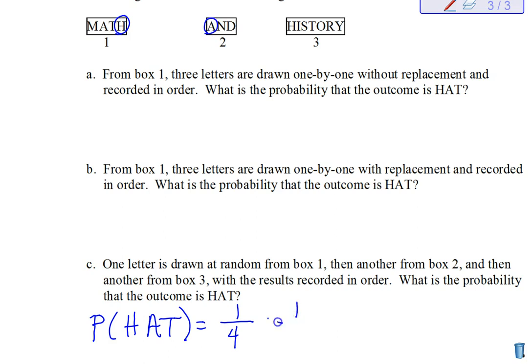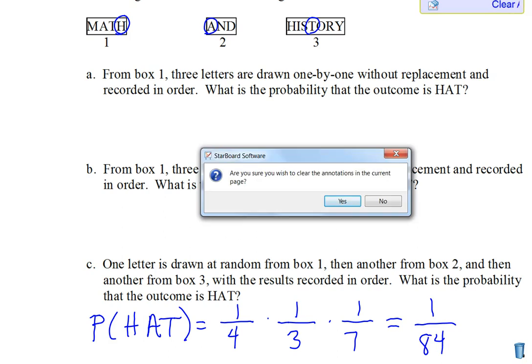So there is one A in box 2 out of 3 letters. The last one, I want a T out of box 3. Well, there's one T, but out of 7 letters. So this here is the probability of H times the probability of A times the probability of T. Same thing, but it's out of box 1, box 2, box 3, not all out of box 1. The probability of that happening would be 1 out of 84 once you do your multiplication.